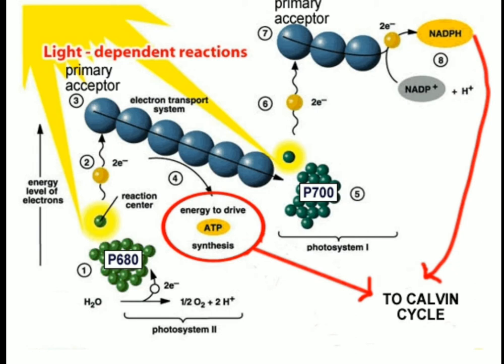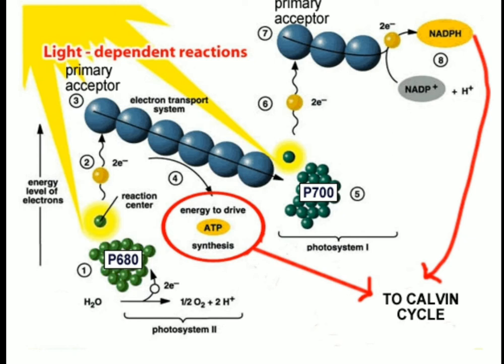Now the movement of the electron is downhill in terms of the oxidation reduction or redox potential scale. What I mean to say is, the electrons are not used up as they pass through the electron transport chain, but they are passed on to the pigments of photosystem 1. Simultaneously, electrons in the reaction center of photosystem 1 are also excited when they receive red light of wavelength 700 nanometer, because it is PS1, and are transferred to another receptor molecule which has a greater redox potential.